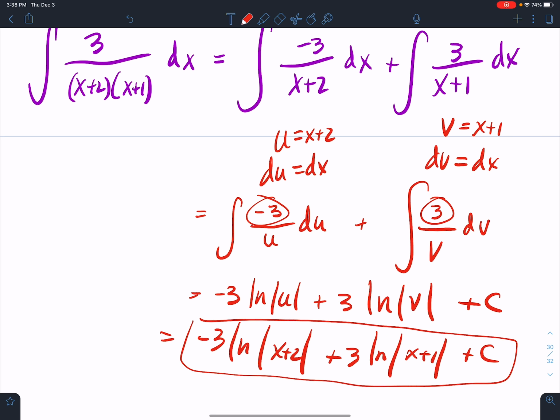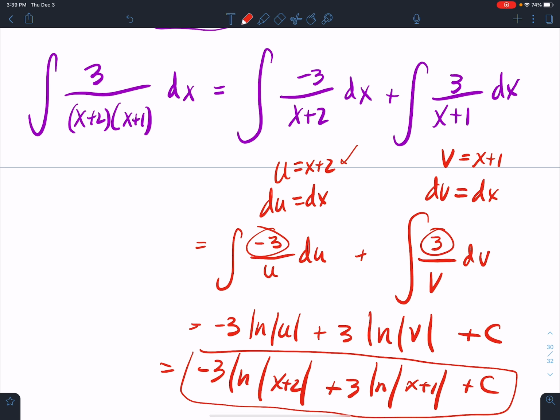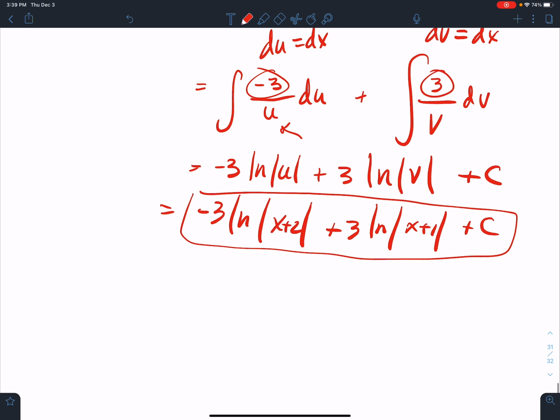And so that is how you do it right there. All right? So pretty cool here. That's kind of the technique that happens when you're doing all these partial fractions. You end up with a lot of u substitutions for ln integrals. Okay, so you're going to see lots of this going on here.